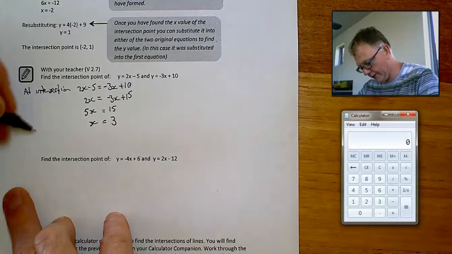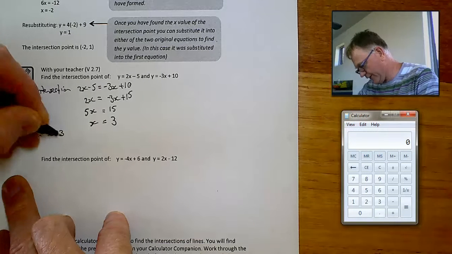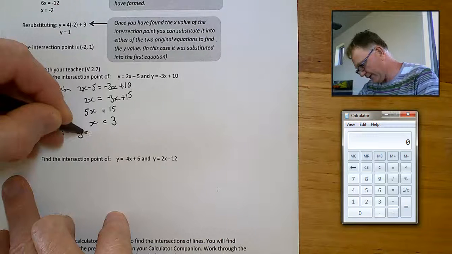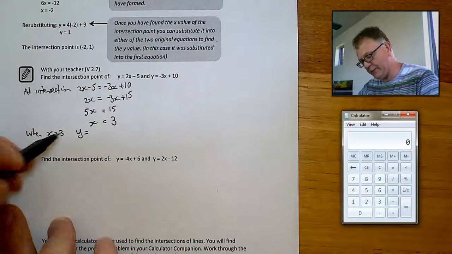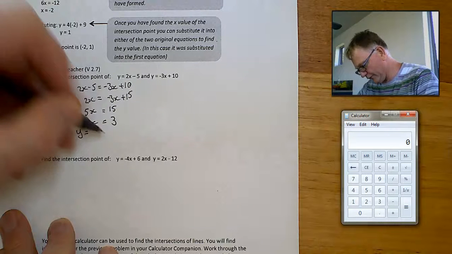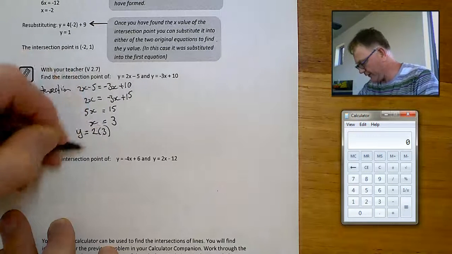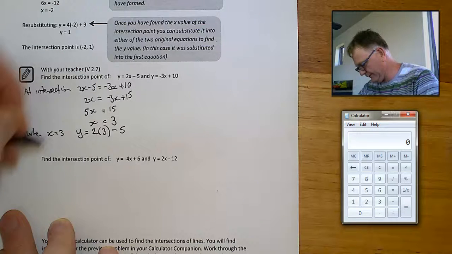So I can say that when x equals 3, y is equal to, and I'll go back into this equation here because it looks easier to me, y equals 2 times x, that's 2 times x equals 3, minus 5.